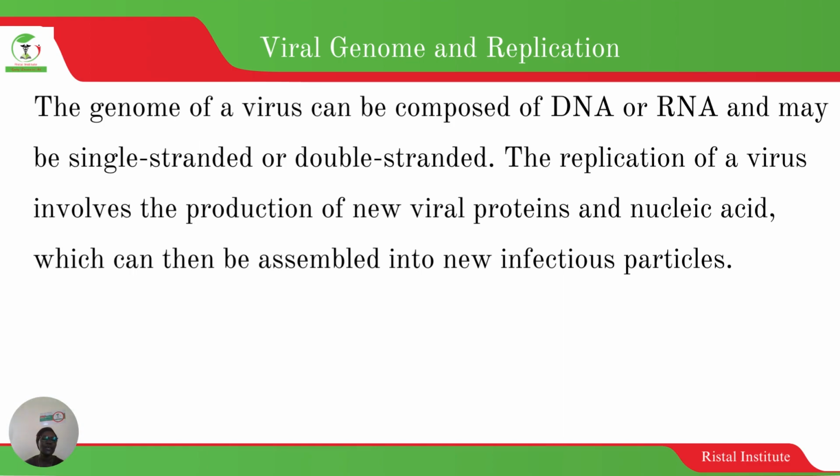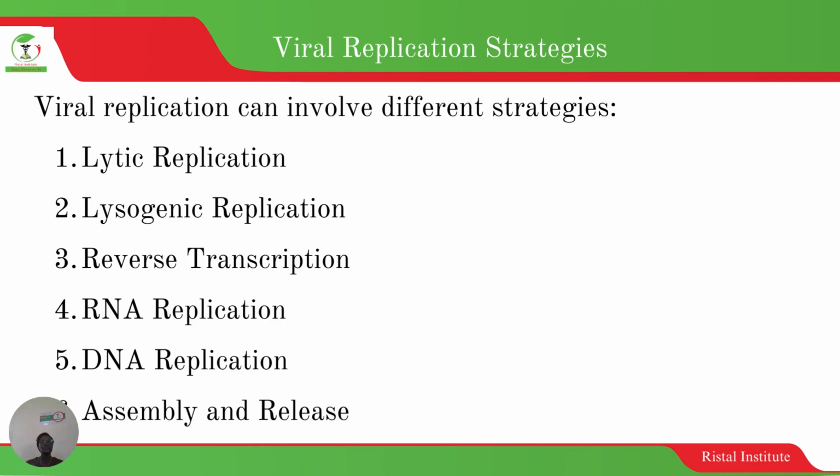So the replication of viruses involves the production of new proteins and nucleic acids, which can then be assembled into new infectious particles. In other words, when the virus reproduces, it is going to produce more viruses resembling the first initial virus. And these new ones are going to form infectious particles that continue to infect the host cell.